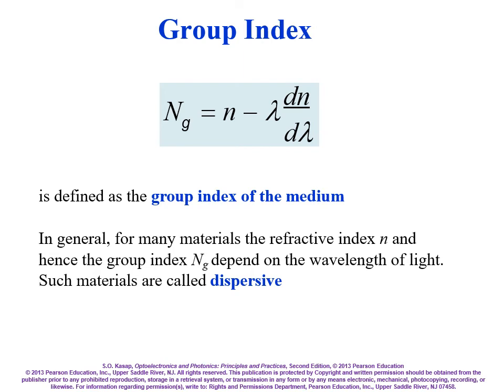In general, for many materials, the refractive index n, and hence the group index Ng, depends upon the wavelength of the light. Such materials are called dispersive.